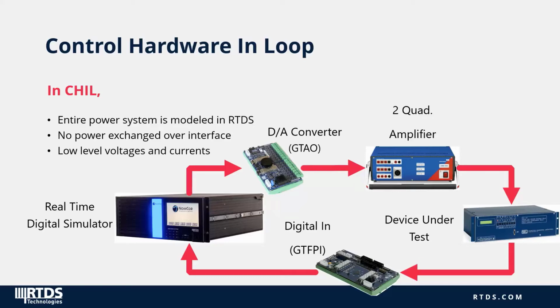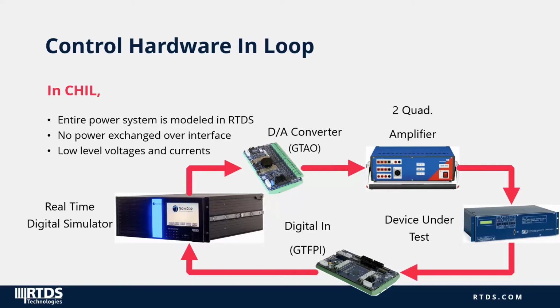It takes the low-level electronic level voltages from the analog output card and boosts them up to the appropriate level so that they can be input into the protective relay. Then we need to bring the trip and reclose signals back from the relay and into the RTDS. This is done by using one of our digital input cards. In this case, we're going to be using the front panel interface card to bring in the dry contacts from the relay so that we can trip and close the breaker in the simulation.